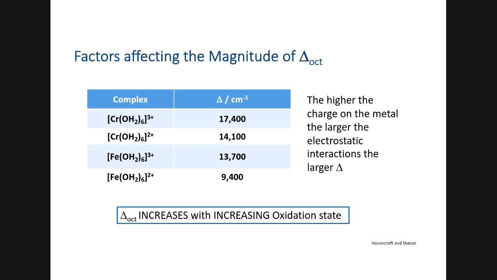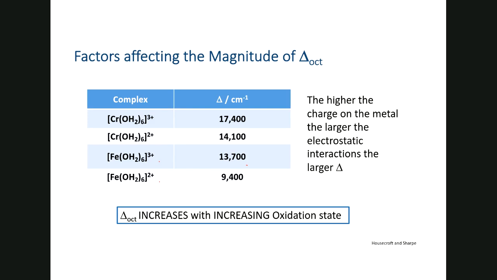I see that for higher oxidation states, the chromium 3+, delta octahedral is actually bigger than in the +2 state. If I do the same exercise with iron hexaaqua species, iron 3 and iron 2, I see that for iron 3 the split is bigger than it is for iron 2. And what we get from this is that delta octahedral increases with increasing oxidation state.